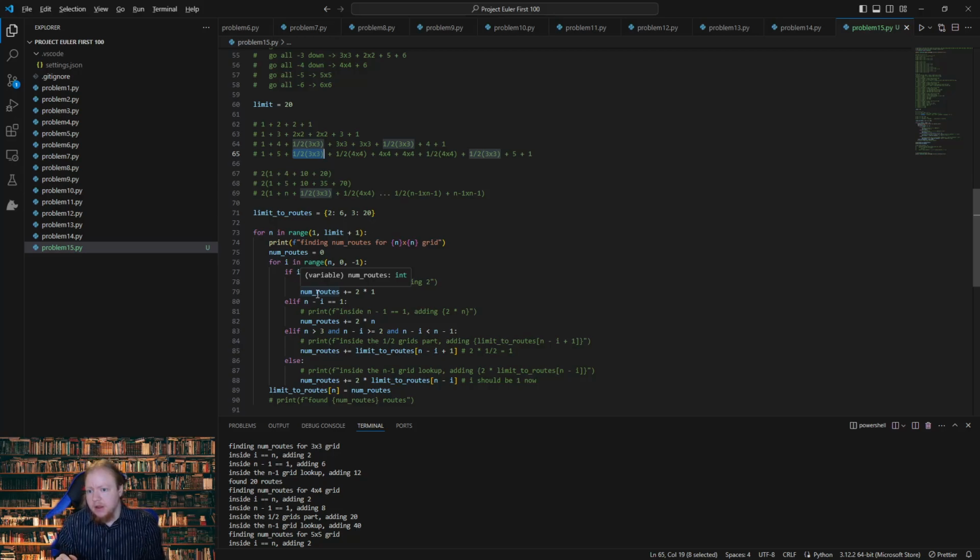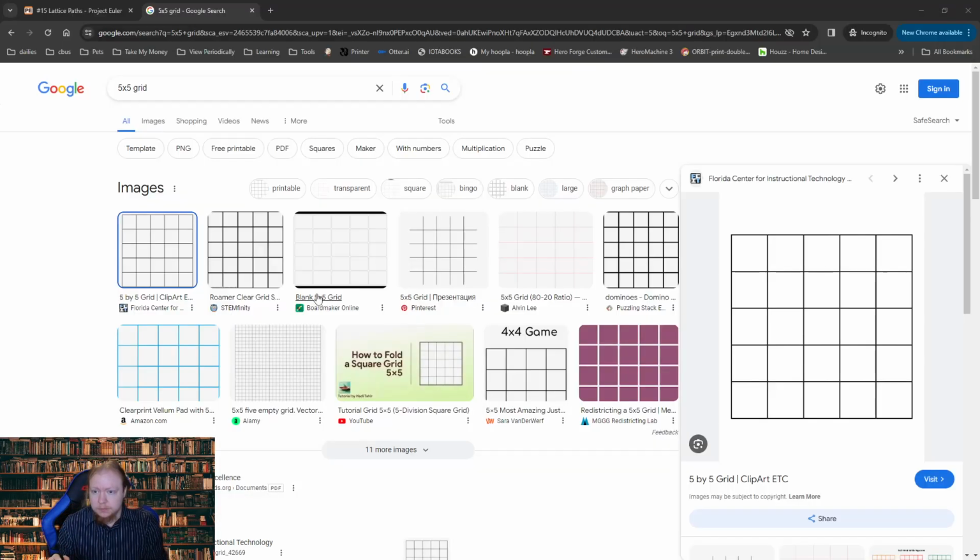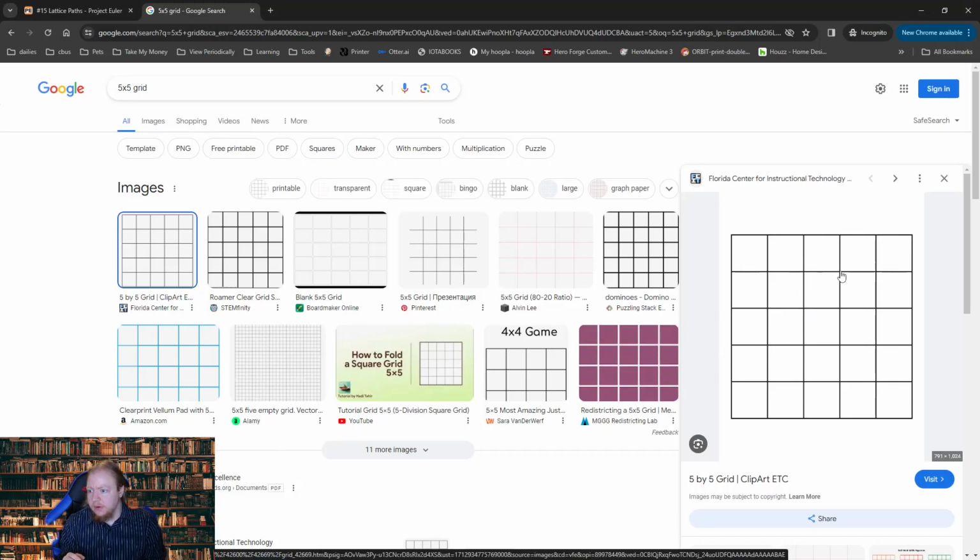What we're seeing here is this is half of the 3x3 plus the original n.